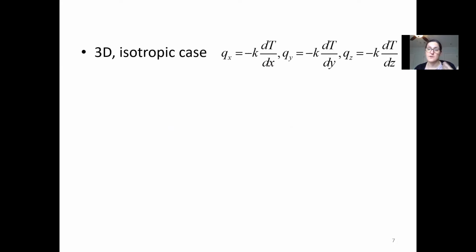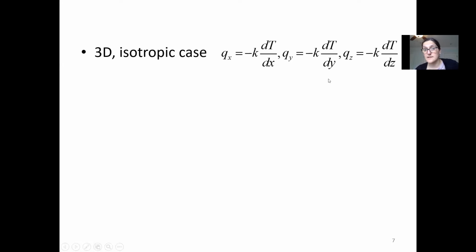If I have a material that behaves the same in all directions, this will happen in every direction, and my coefficient of proportionality, K, will be the same in every direction. So we're going to have that Qx is minus K dT/dx, Qy is minus K dT/dy, and Qz is minus K dT/dz.